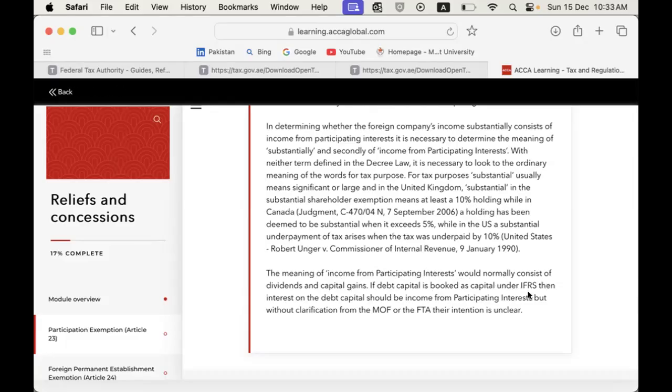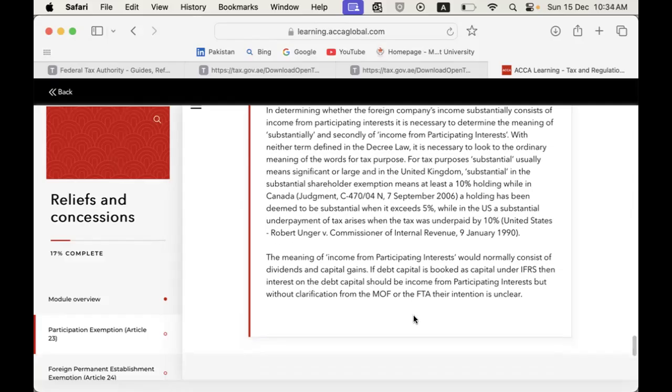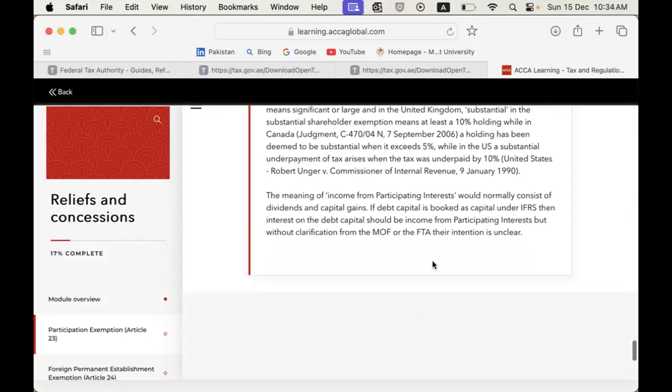If debt capital is booked as equity capital under IFRS, then interest on the debt capital should be income from participating interests. But without clarification from the Ministry of Finance or the FTA, their intention is unclear. So that's a gray area still. As I mentioned earlier, in the case of a listed entity in the UAE, I saw the financial statements, which were signed by a top-tier audit firm of the world.